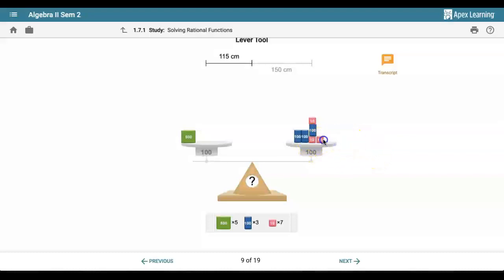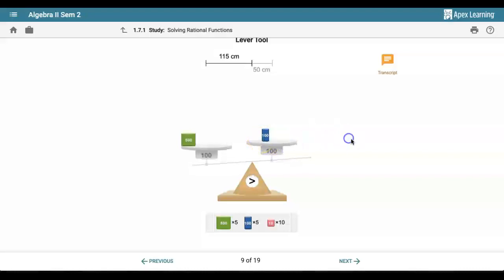But now if I move really close, so let's say 50, I have 50. 500 is not enough weight. 1,000's still not even enough weight. It's getting closer.